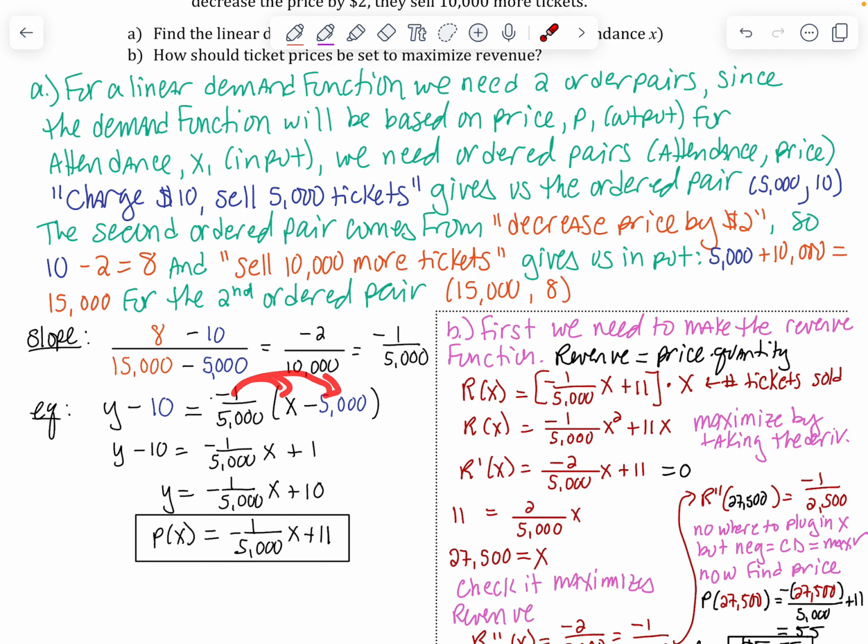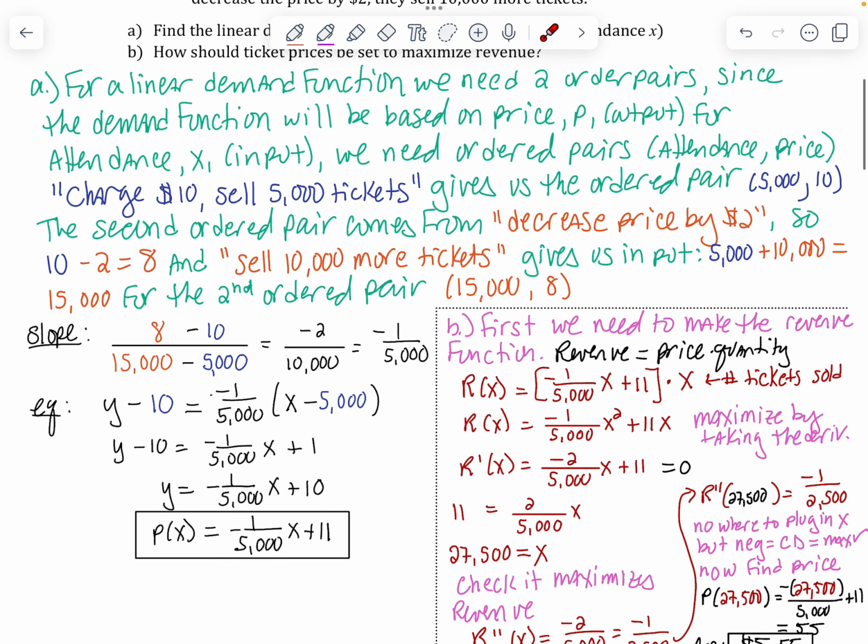As I distribute my slope and then add 10 to the other side, I now have a linear demand function for the number of attendees X that determines the price.